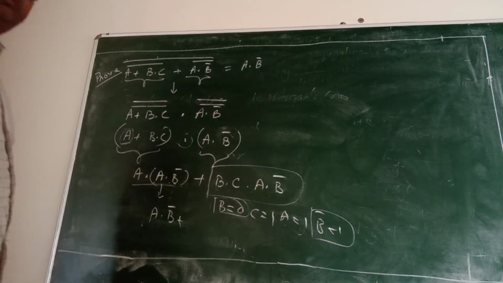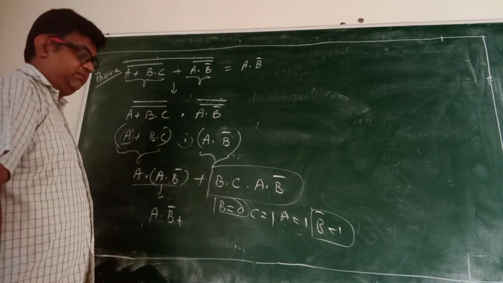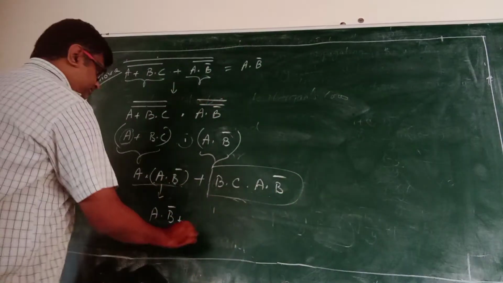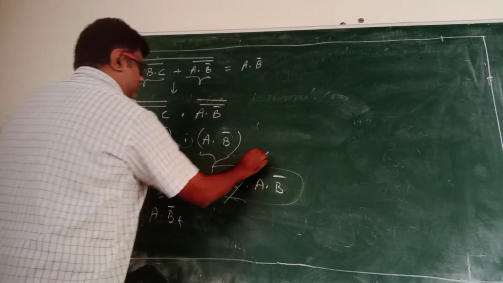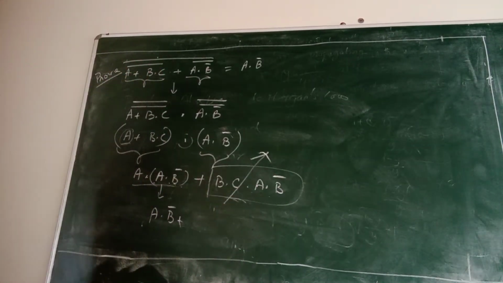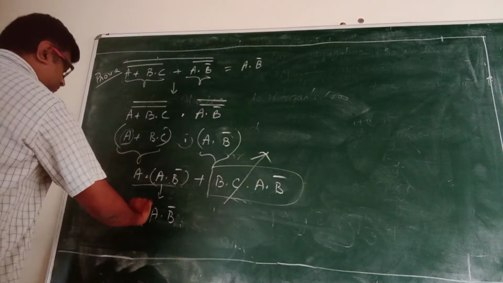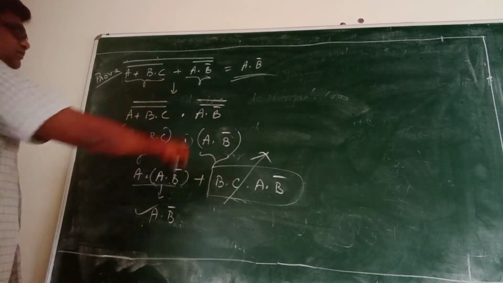Is it possible? Can a terminal give both 0 and 1 signal at the same time? It is not possible. So this will become 0. This is not valid in the first place. Okay, so finally what are you left with? You are left with this. So LHS is equal to RHS.